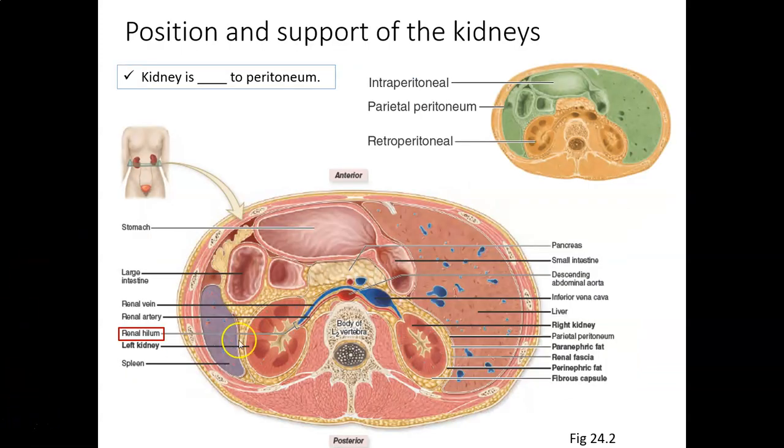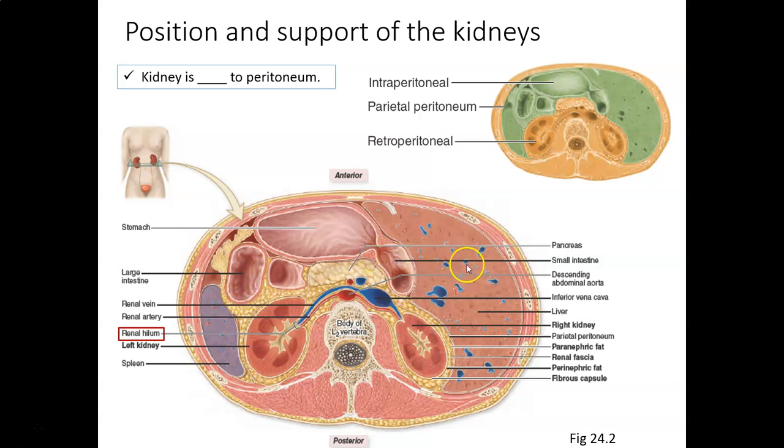This is the transverse section of the abdominal cavity at the level of the kidney. So you can see the two kidneys here. You can see they're wrapped around by adipose tissue, right? It is called paranephric fat, and it kind of supports the kidney. But you can also see the relative anatomic position of the kidney to the rest of the abdominal organs.